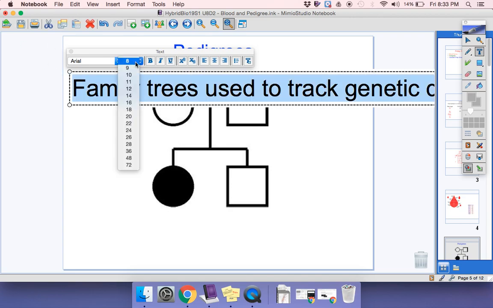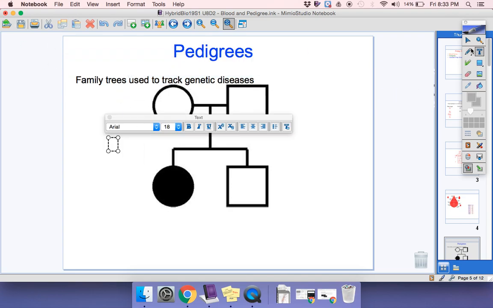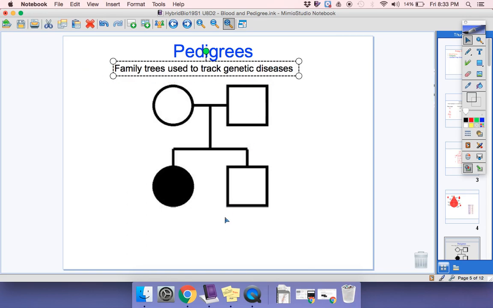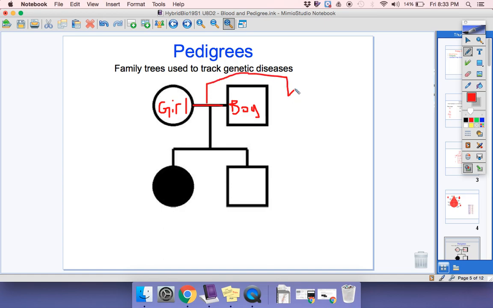Okay, so here's how they look. In them, girls are always circles. Boys are always squares. Okay. And this here in between them is a mating line, meaning they had kids. Okay. This line going down shows that the ones on the end of that are their children.